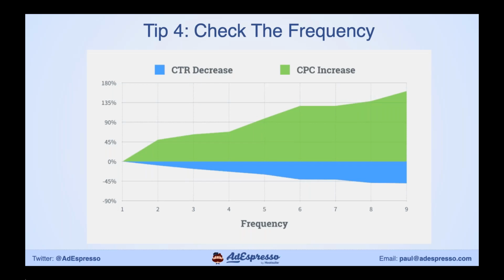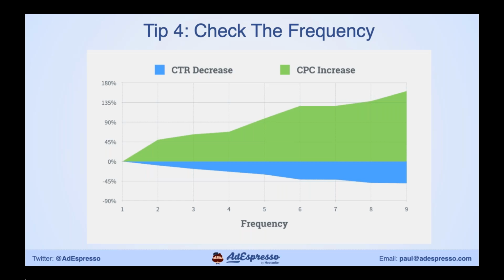Next tip I do is I look at my frequency. This is some analysis we did on several hundred campaigns running through AdEspresso. Very simple graph. You can see that as your frequency increases, your cost per click goes up considerably and your click-through rate drops considerably. So people just get banner blind.